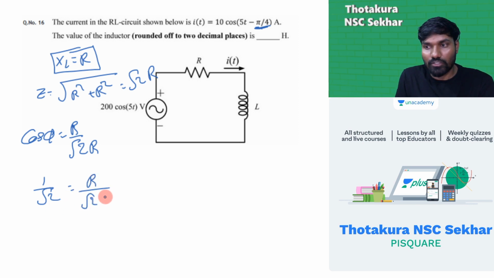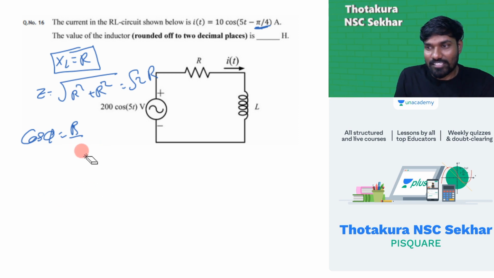R by root 2 R. We are getting R into R? No. Then we'll change the method. Anyways, let's keep it as Z itself.